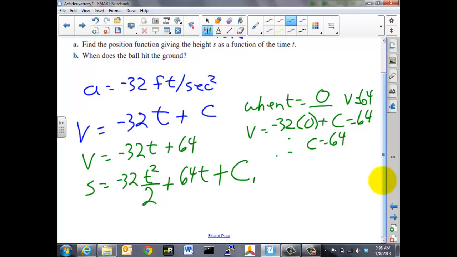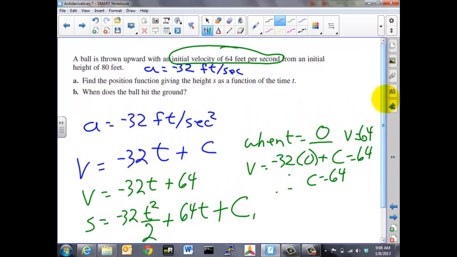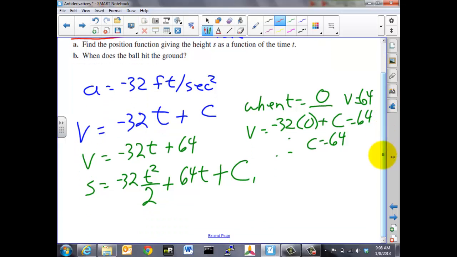Well, we need to figure out what that c1 is. What do we know? When t is 0, s is 80. When t equals 0, s equals 80. So guess what? If over here we put in 0 for t, we get out c equals 80. Now, I just did that in my head. Are y'all okay with that? When t equals 0, s equals 80.